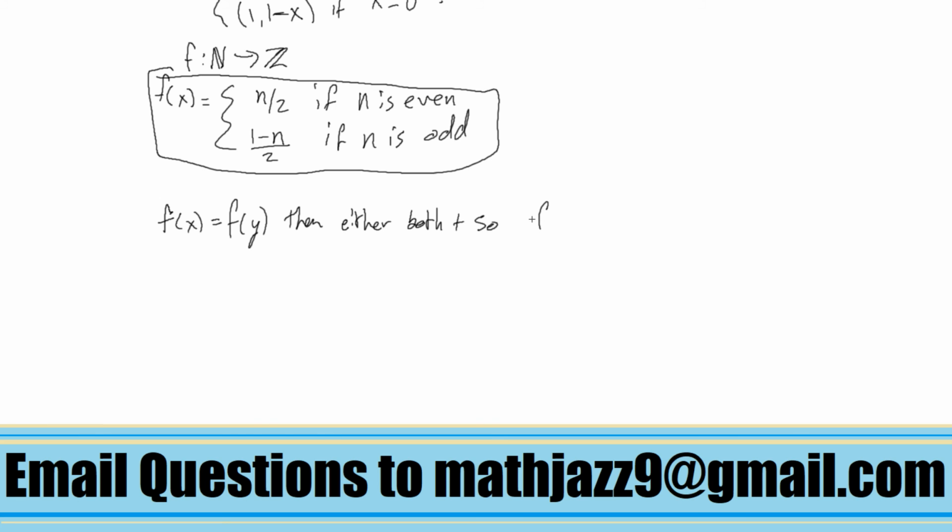So f of x equals x over 2, which equals f of y, which is equal to y over 2. And hey, look, if f of x equals f of y, then x equals y.